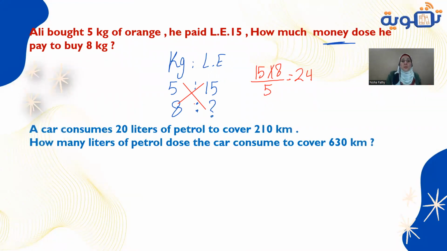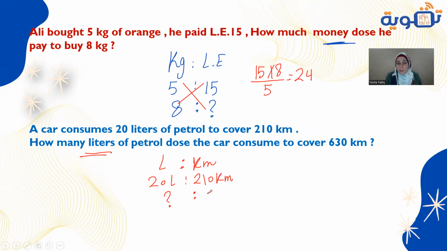24. A car consumes 20 liters of petrol to cover 210 kilometers. So I have a ratio between liters and distance in kilometers. 20 liters to cover 210 kilometers. How many liters? So question mark under liters to cover 630. The same concept.